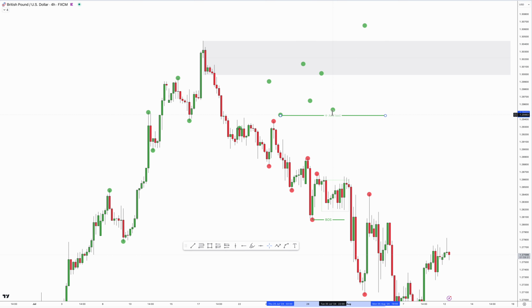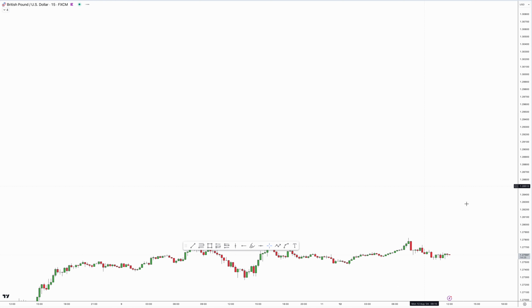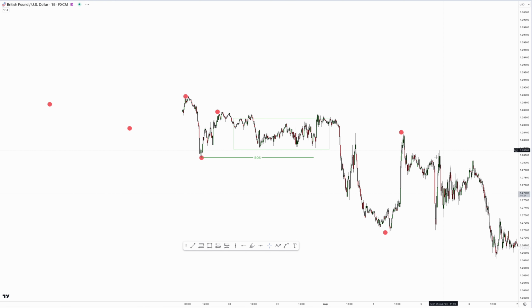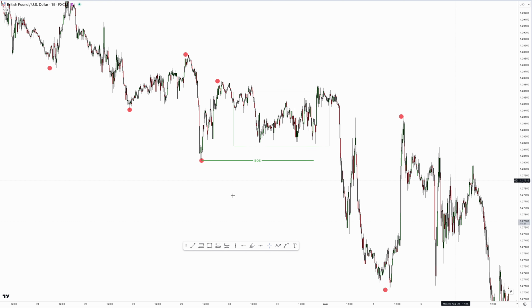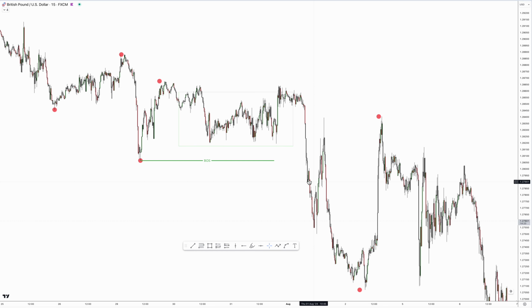I'll just show you one other benefit as well: if you use it to mark out the structure, go down a time frame, say a lower time frame, we've now clearly got our higher time frame structure marked out. So all of this noise in the middle, we know it's within the higher time frame structure. So it's nice and easy to determine.